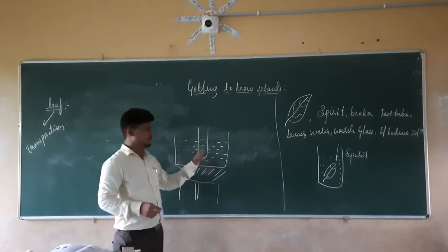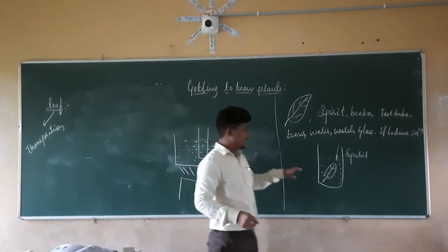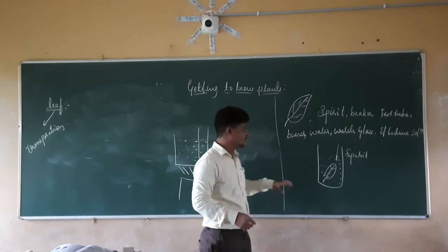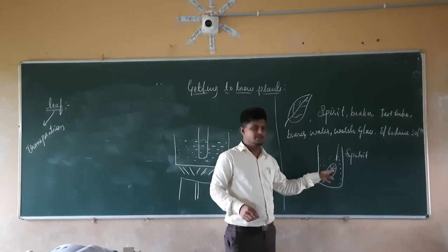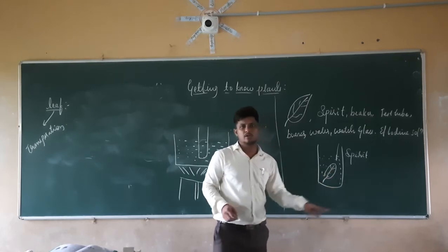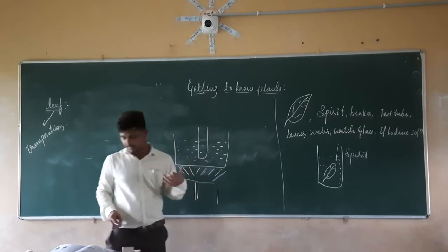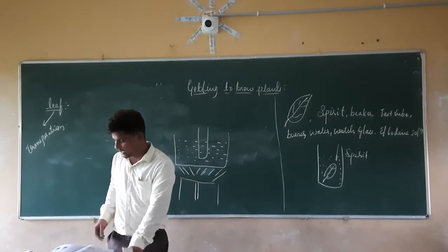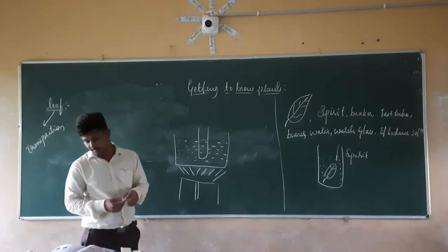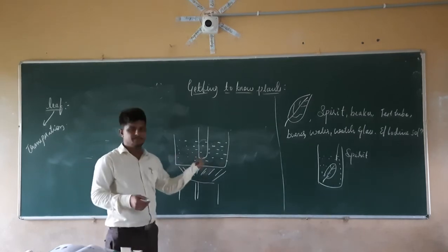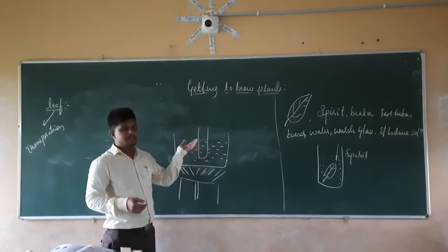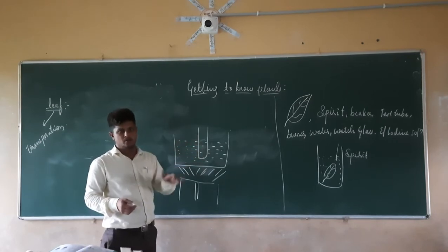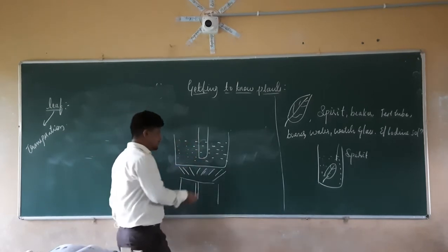And we have to heat it until the green color present inside this leaf is transferred into the spirit, until the green color in the leaf comes out. Up to that point, we are continuously going to heat.